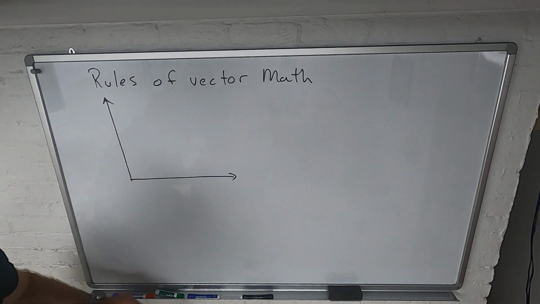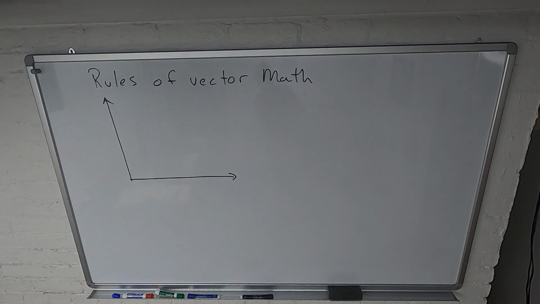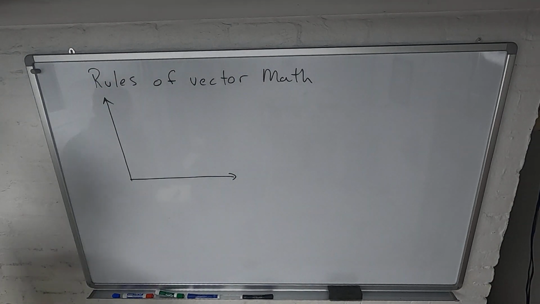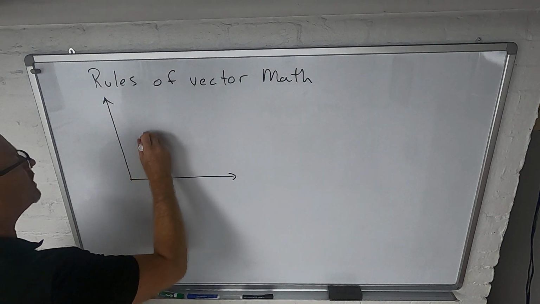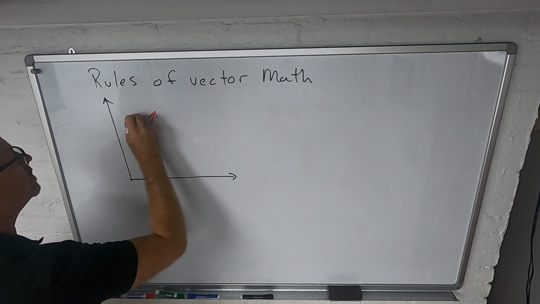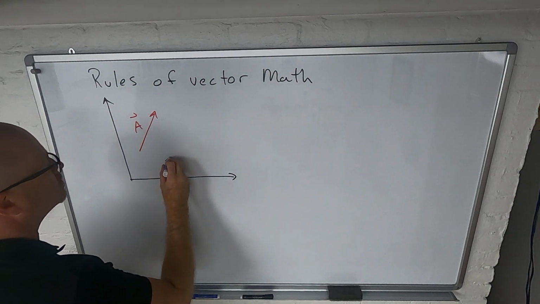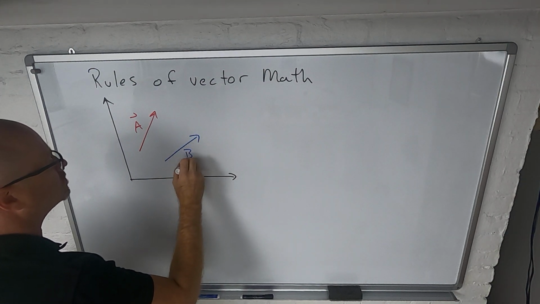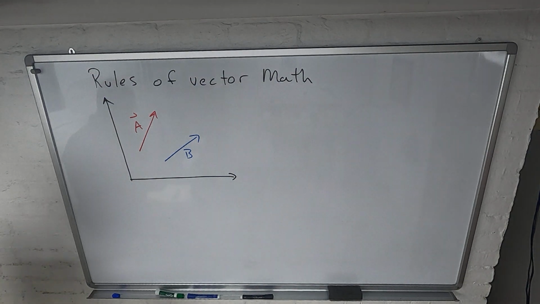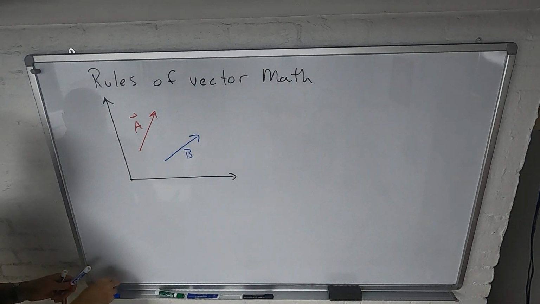Okay, so let's try and do that. Let's say I have first vector A, and I also have vector B. These two vectors, I want to add them together to get a resulting vector.